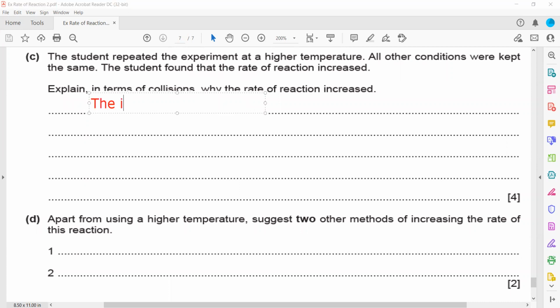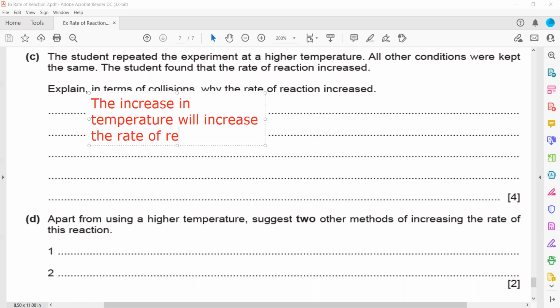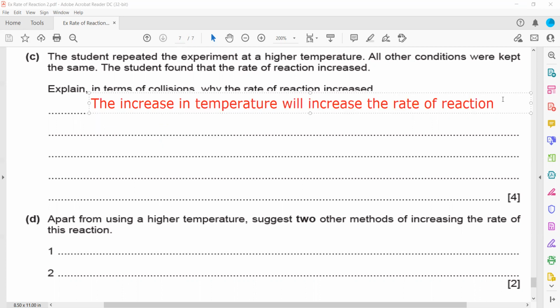The increase in temperature will increase the rate of reaction. Then second, what happened?